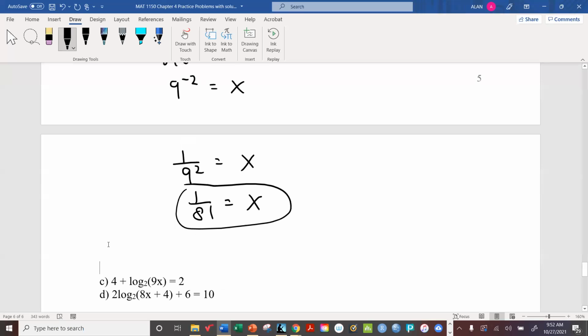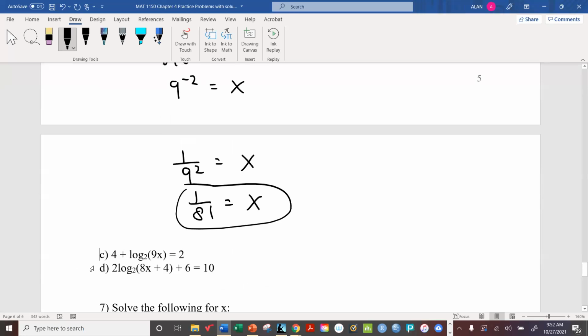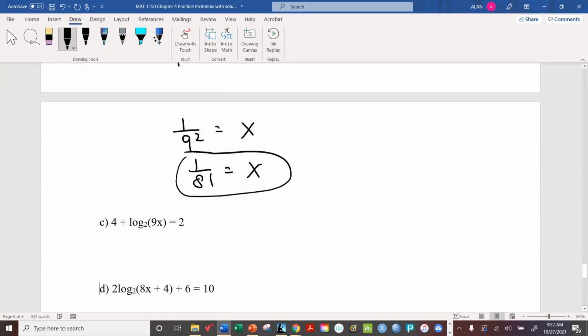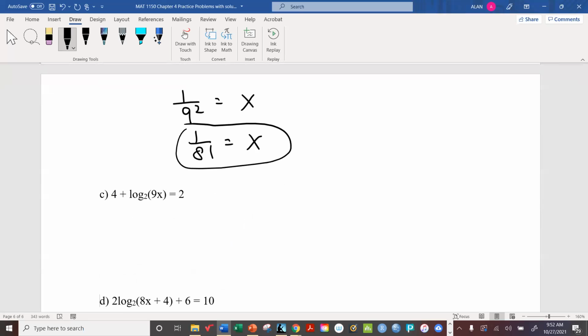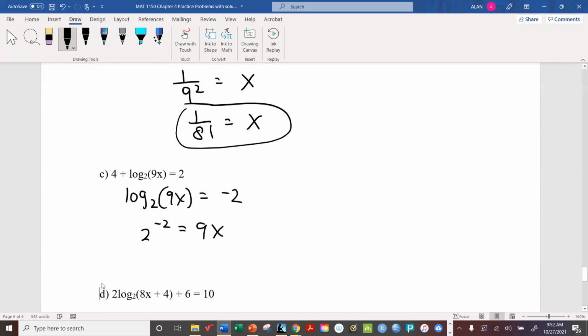Let's try the next one. Now here again, we've got to do a little algebra. So I'll obviously subtract 4 from both sides. And this tells me that 2 to the minus 2 power is 9x by the definition.